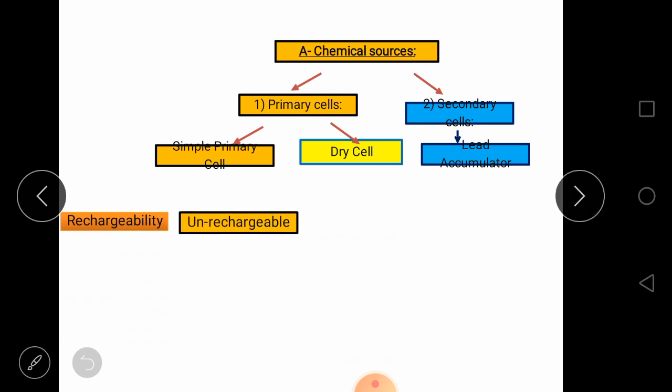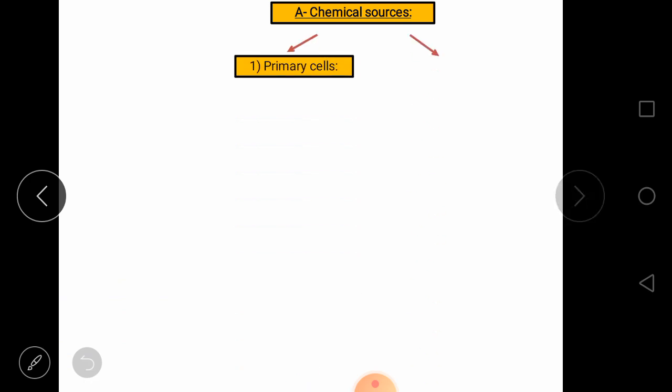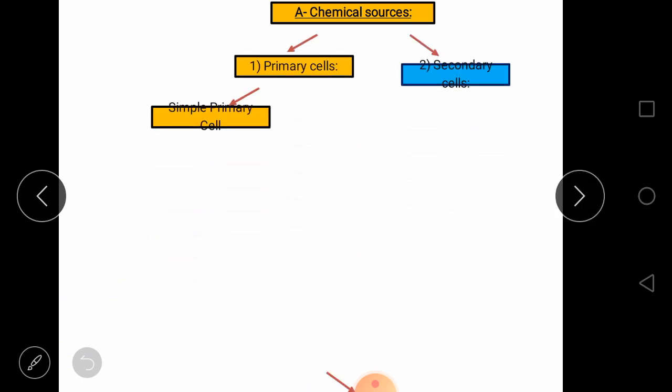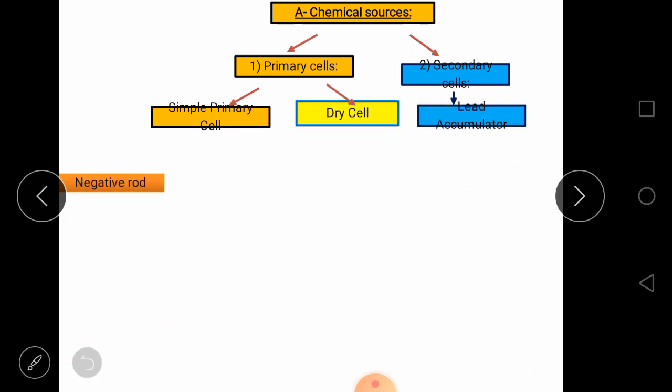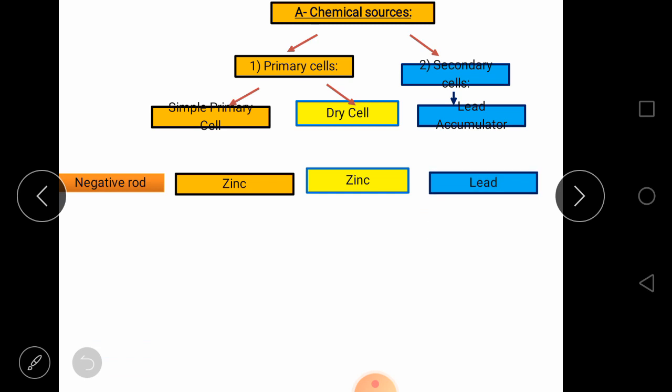Rechargeability: these cannot be recharged, unrechargeable, and this is rechargeable. Here we have the same classification. We have the negative rods of each: this is zinc, and this is zinc, whereas this is lead.